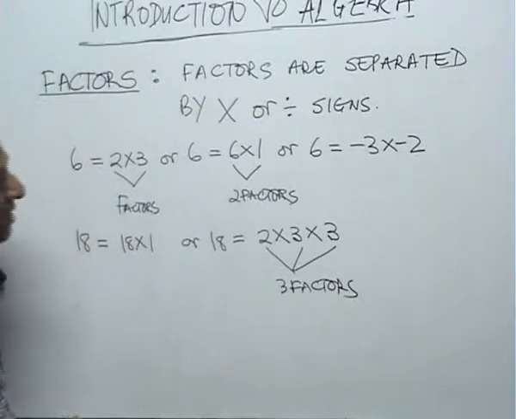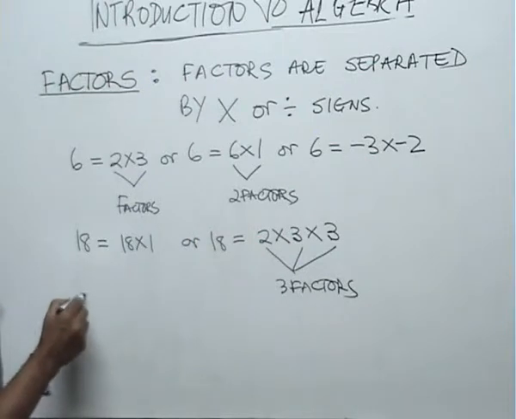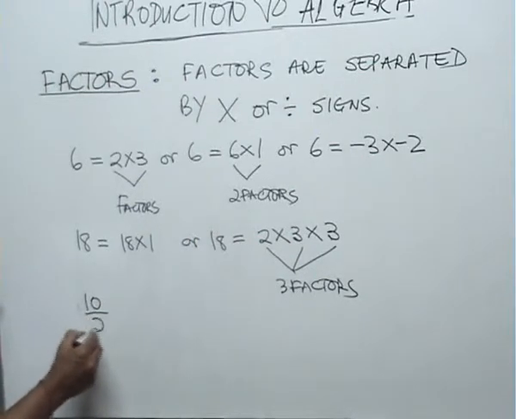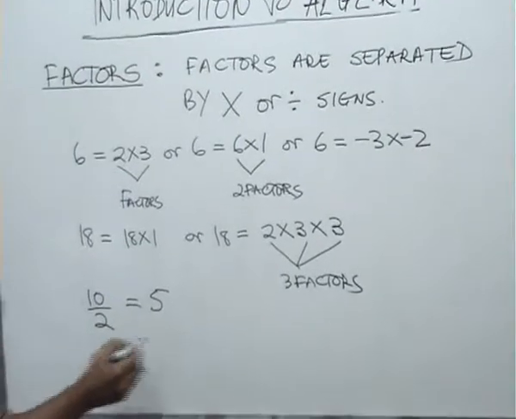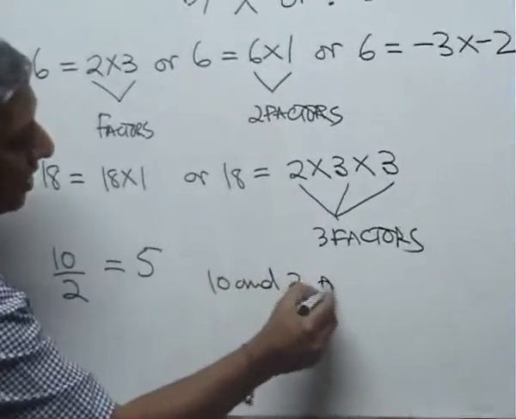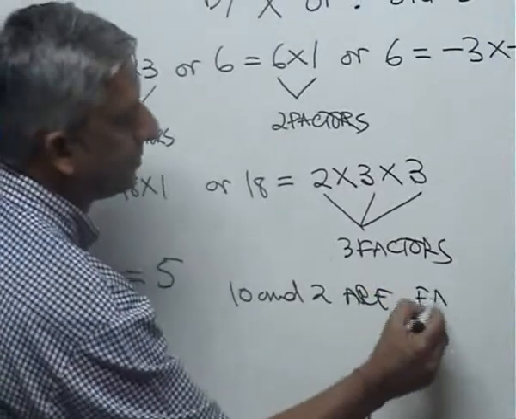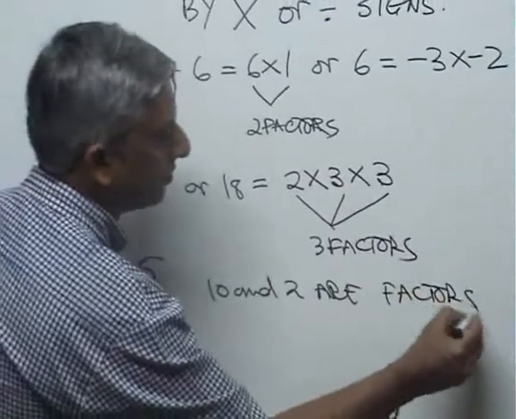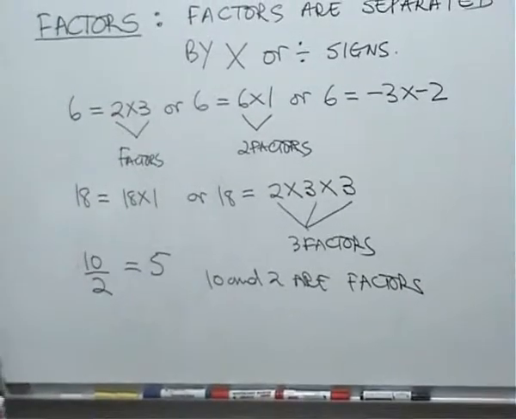So we must be clear in our mind that factors are separated by multiplication or division signs. Let's take an example for division. 10 divided by 2 gives us 5. So 10 and 2 are factors. But most of the time we'll be dealing with multiplication signs.